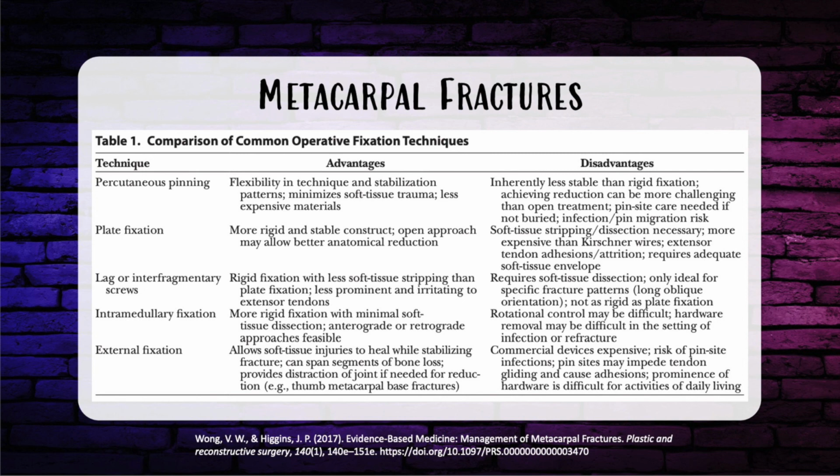If this happens, this can affect overall hand function, which is an indication for operative intervention. And the operative techniques include either percutaneous pinning, plate fixation, lag screw, intramedullary nail fixation, X-fix, all of which have their own pros and cons. And you can refer to a really good CME article by Drs. Wong and Higgins from 2015 to read more about that.